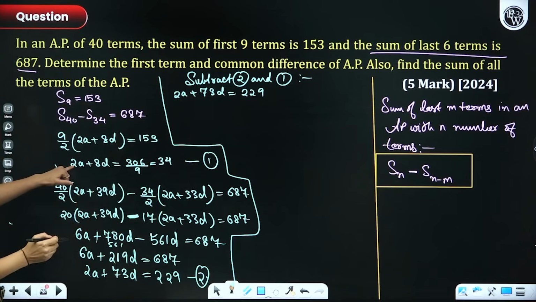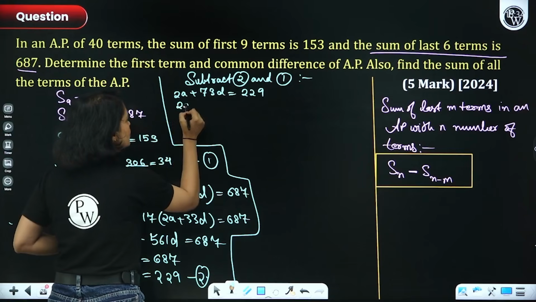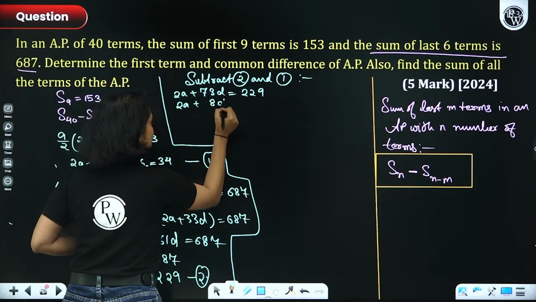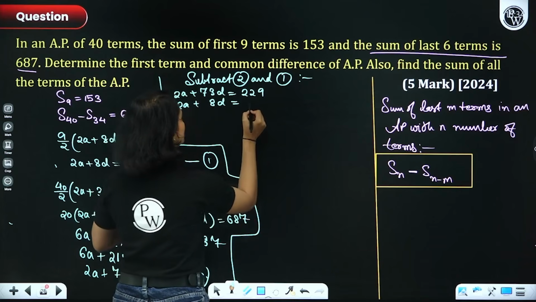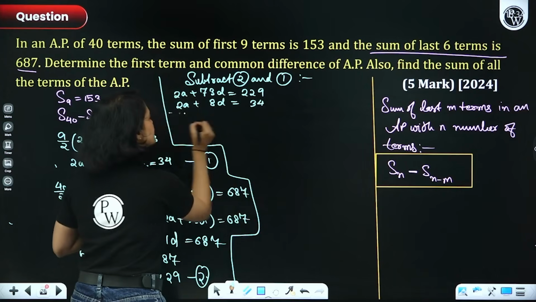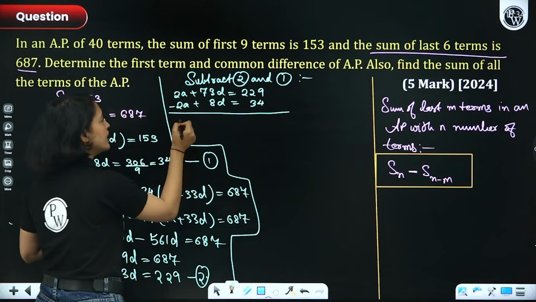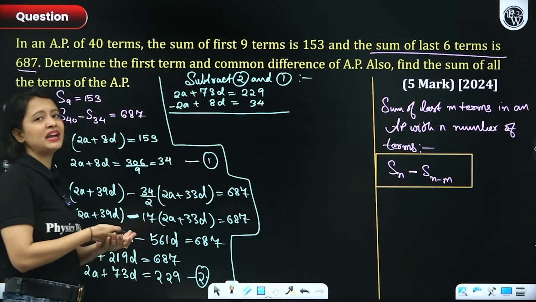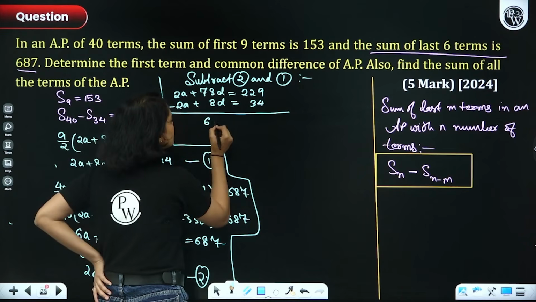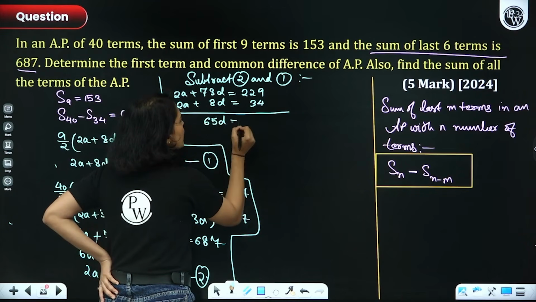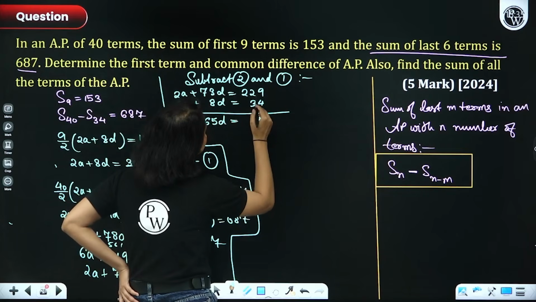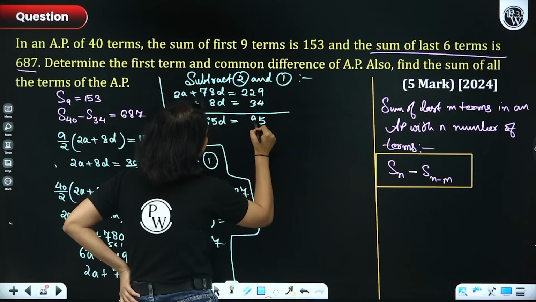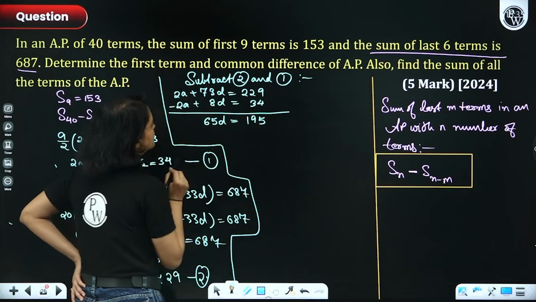And here we had 2A plus 8D is equal to 34. Okay, let's do the subtraction. Once we do the subtraction, 2A and 2A get cancelled. 73D minus 8D, everyone, 65D is equal to what? 9 minus 4, 5. And here we'll get 195. This is what we'll get.